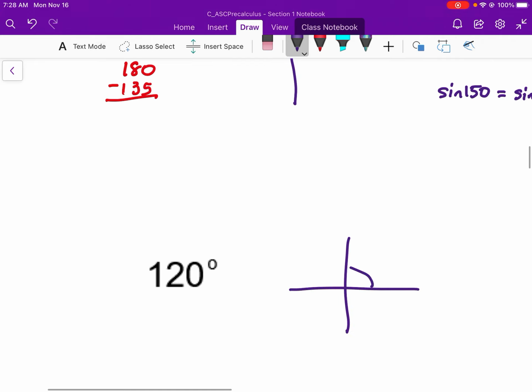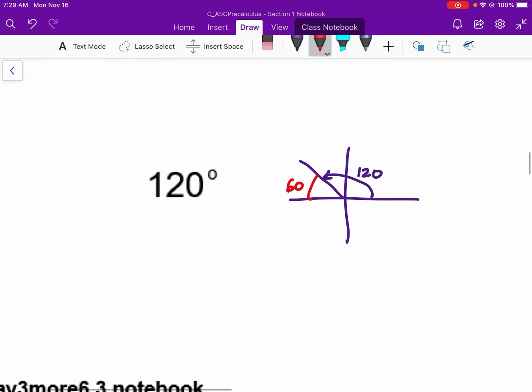And then 120 is also between, because it's in the second quadrant, this is 120, so what is 180 minus 120? It's 60. So whenever I do 120, I'm going to use 60 degrees as my reference angle.